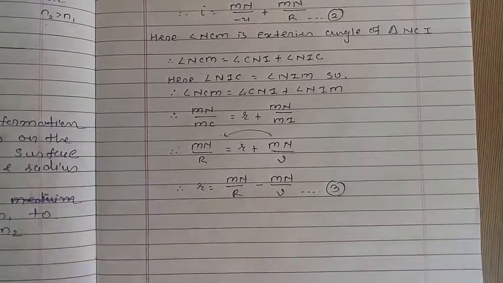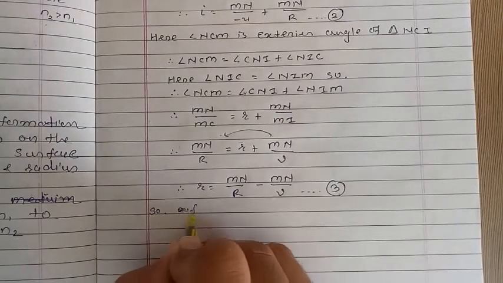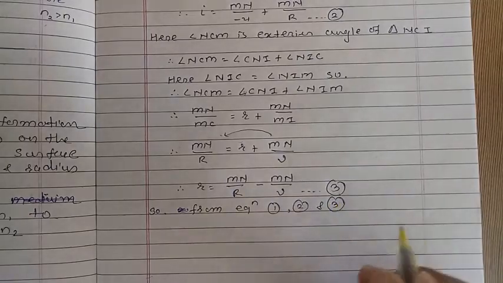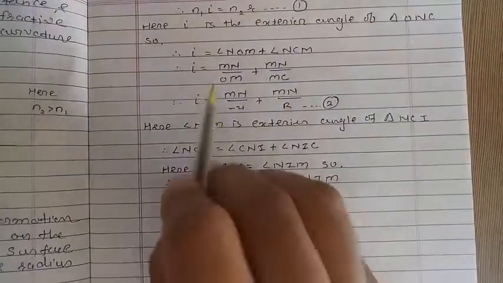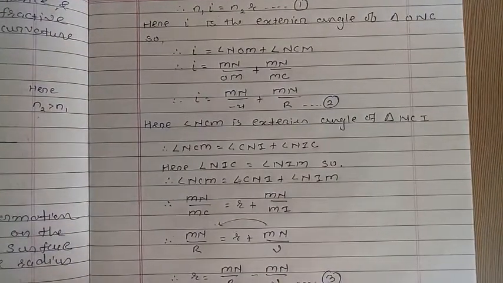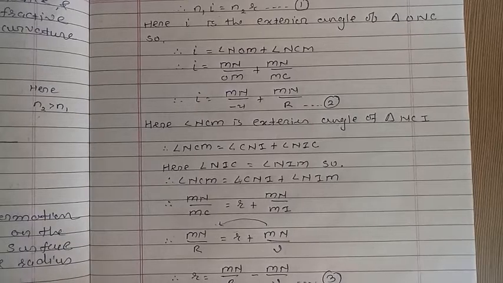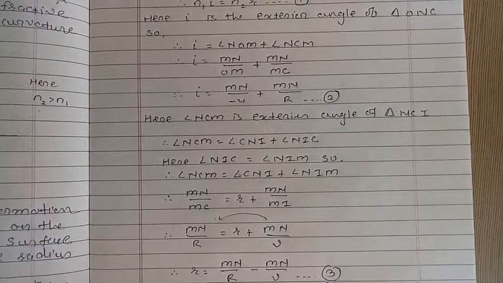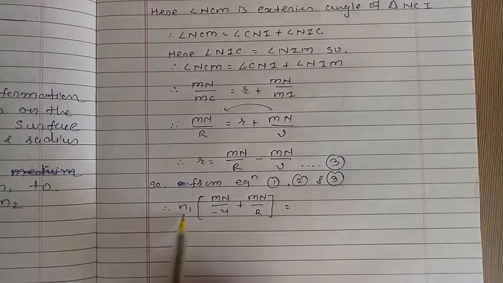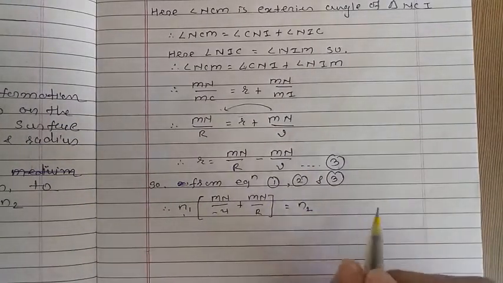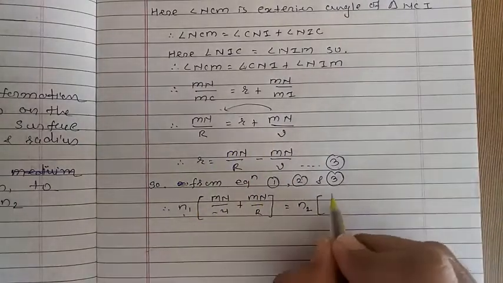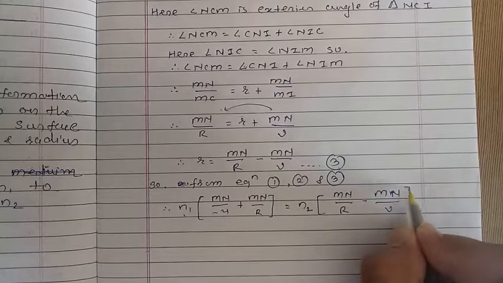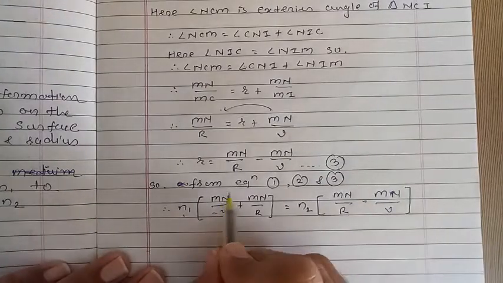So from equations 1, 2 and 3 we get N1 I, and the value of I is MN upon minus U plus MN upon R. Here I put the values: N1 times the value of I, and N2 times the value of R, which is MN upon R minus MN upon V. Here MN is cancelled.